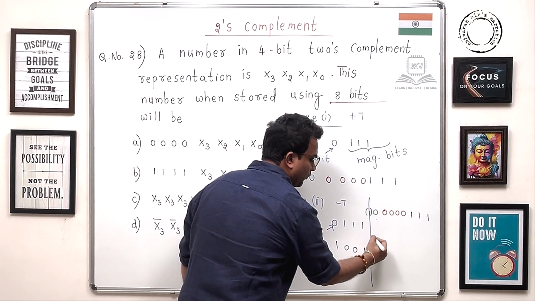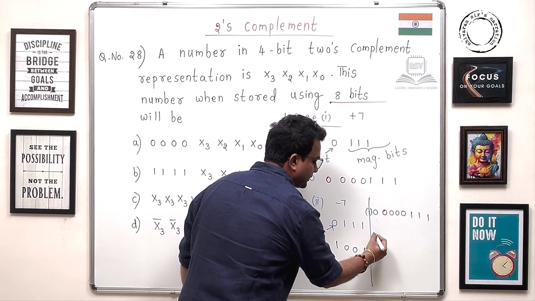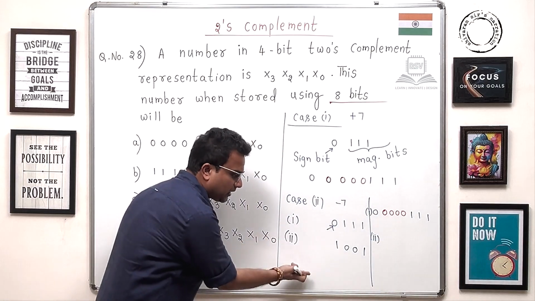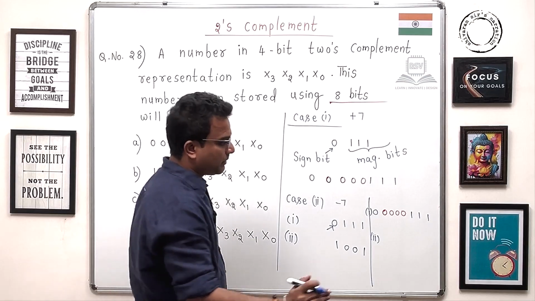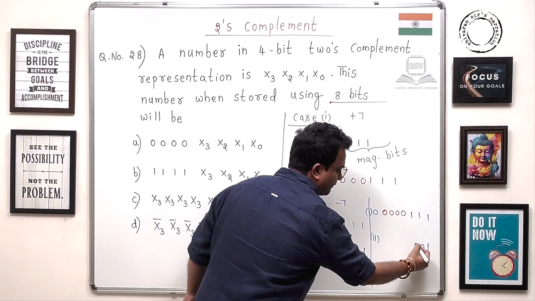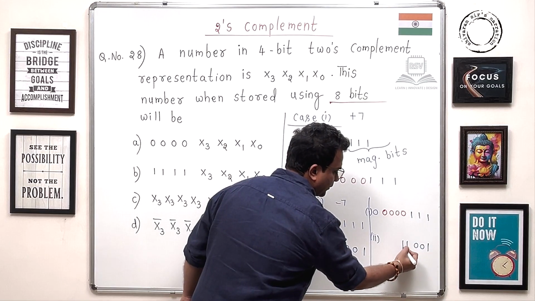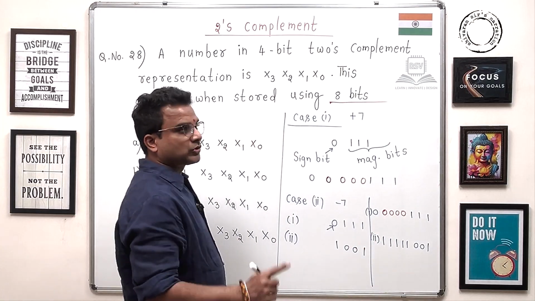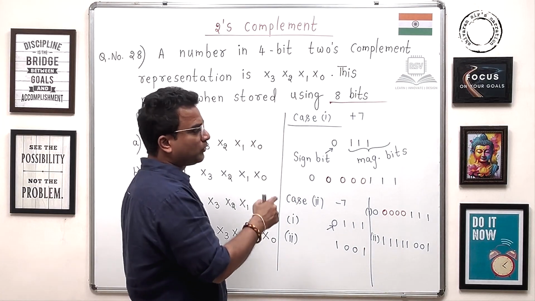What is step 2, guys? Simply apply 2's complement. That's what we did here also. Apply 2's complement: copy from the right up to the first 1 as it is, and then apply 1's complement. Therefore, it is like this. So now I am concluding.